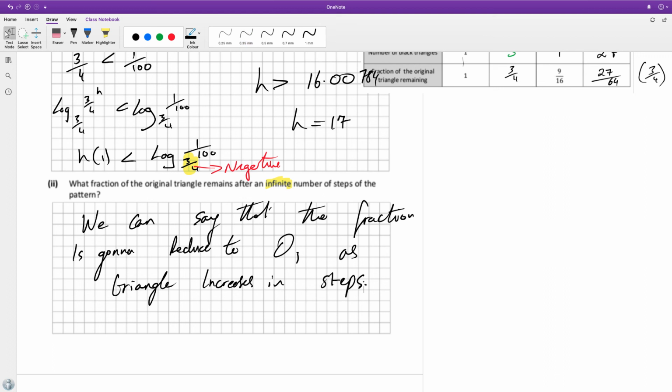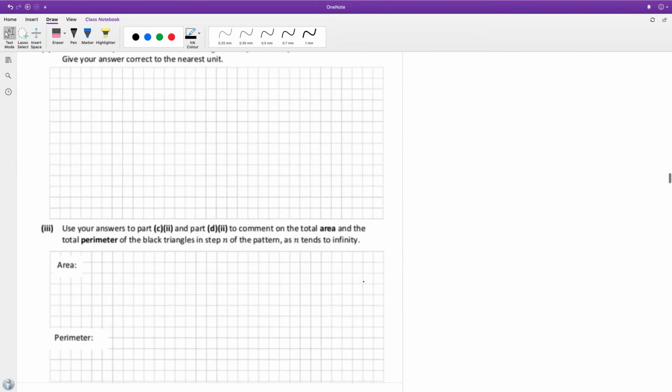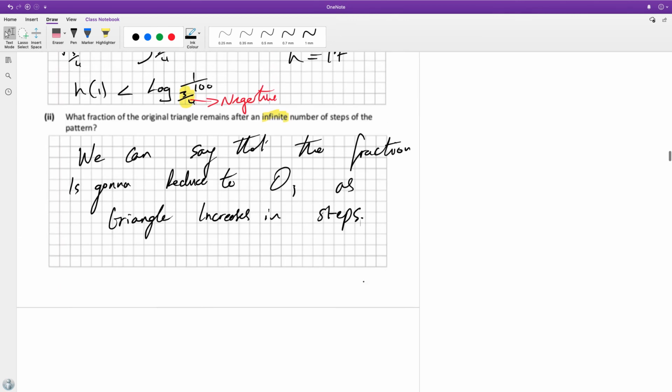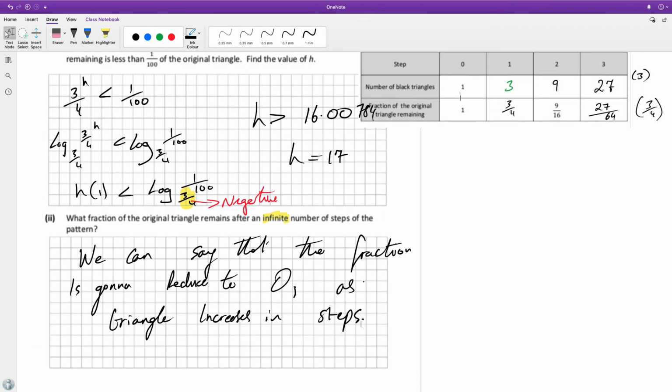Just be careful, always double check your answer, make sure it makes logical sense to what the question is asking. As the number of steps goes up, the fraction of the triangle goes down.